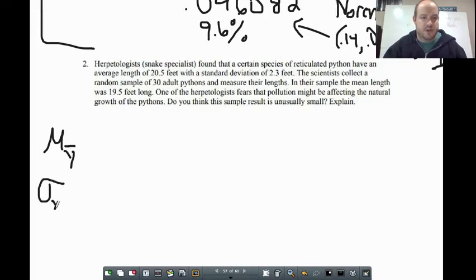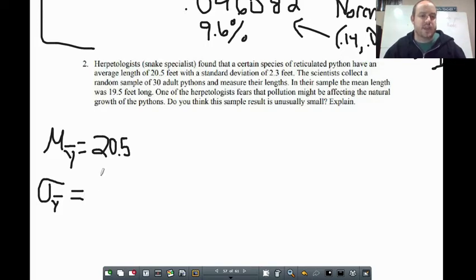So let's go ahead and write that over here just so we have it ready to go. The mean actually doesn't change. And remember, this is the mean that we know the population has. So that's going to be the 20.5. Don't get it confused with that 19.5. That's our actual mean of our sample in this case. So we don't want to mix the two of those up, all right?